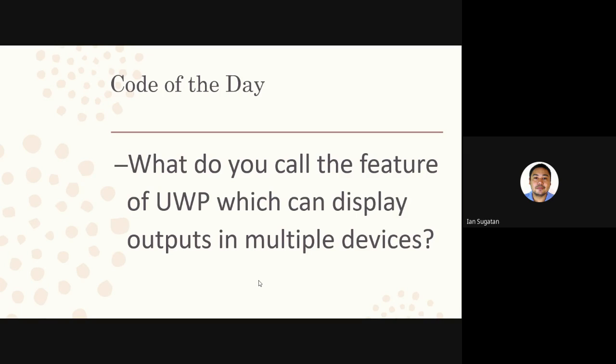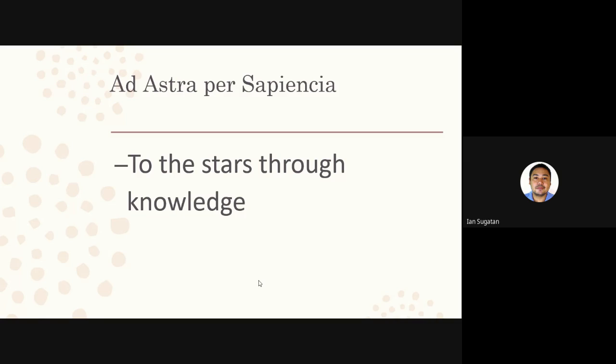Please screenshot the code of the day, because on Friday is project time, so we will not have a lecture. So again, what do you call the feature of UWP which can display outputs in multiple devices?